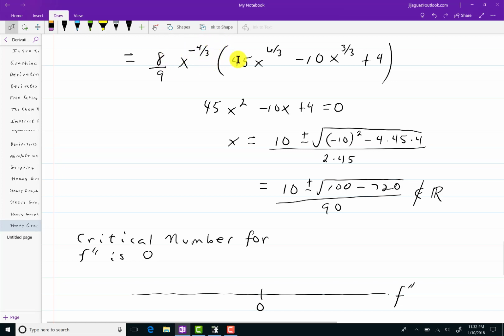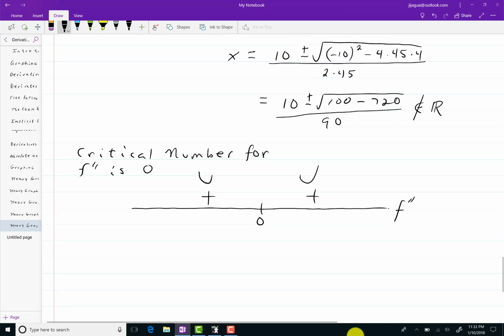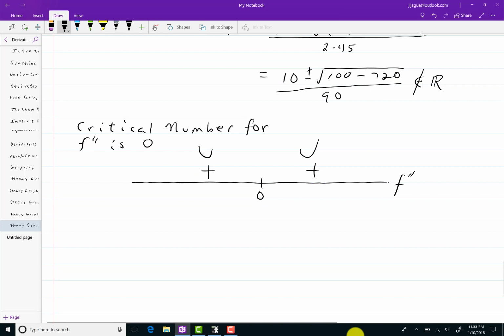We already know this is always positive. Same situation if I plug in a positive number. Positive times a positive will be positive. So it's concave up, concave up. So we are concave up on negative infinity to 0, union 0 to infinity.